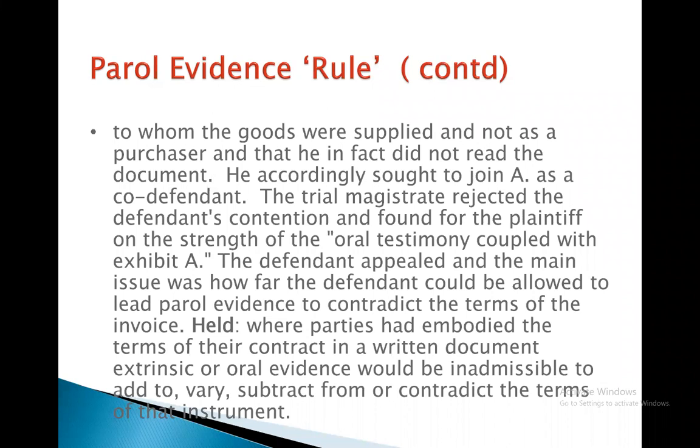And no information, be it another written document or parol or word of mouth, outside this document you're dealing with, will be entertained to vary or contradict what it is saying. And this is what we call the parol evidence rule.